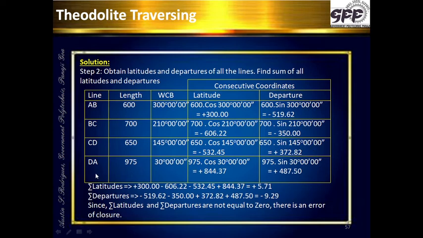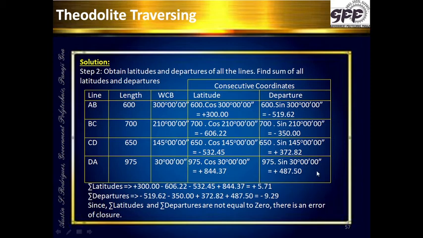Coming to DA, DA is having length as 975, whole circle bearing is 30 degrees. The latitude is 975 into cos of 30 degrees, that is L cos theta. So 975 into cos of 30 degrees gives me plus 844.37, which means it is a northing of 844.37.